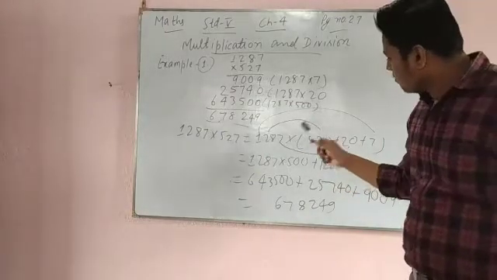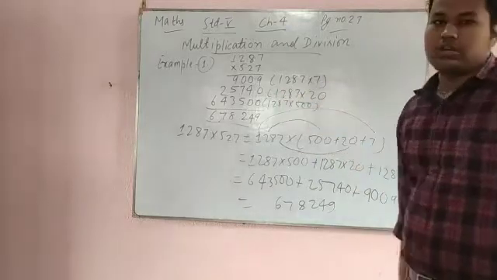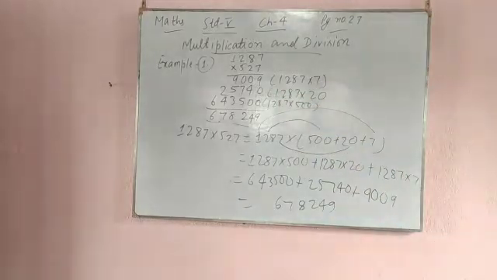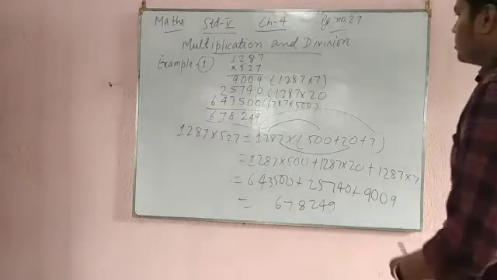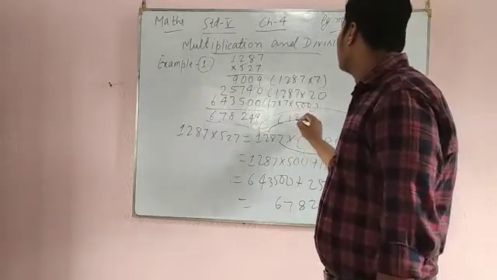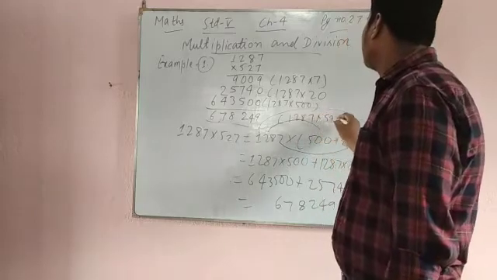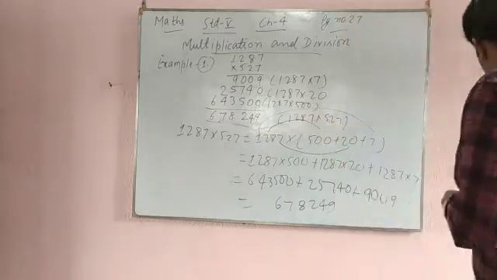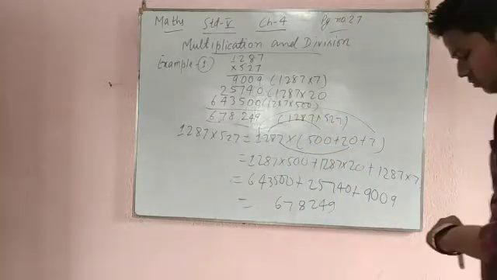First you solve like this, and the second process you solve like this. So this is 1287 into 527. Now we will go to example number 2.